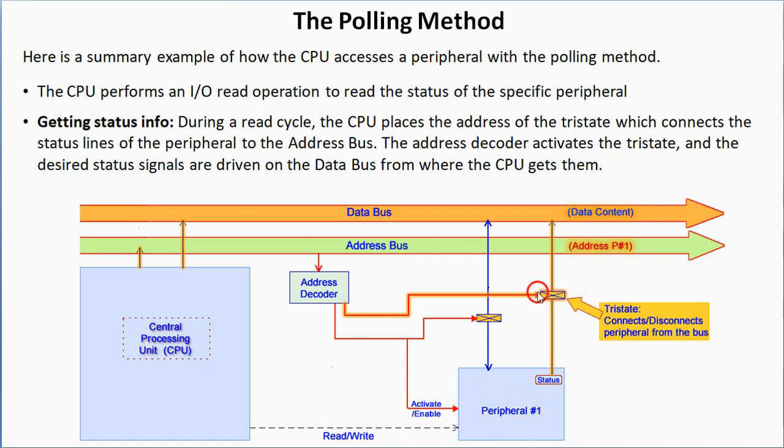The tri-state is a very specific electronic piece, a very simple one too, which does a very simple job. When activated with a control signal, it will allow its input lines to connect to the output lines and transport their data from one side of it to the other. But if it is not activated, then the output side is floating, which means that it is disconnected from the input side.